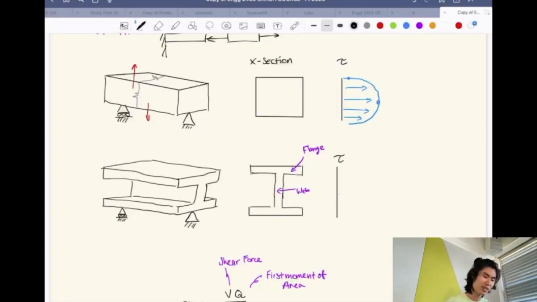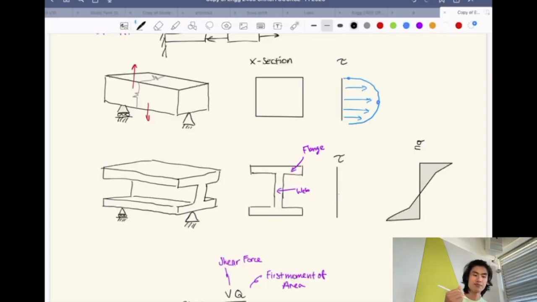Yeah, pretty much. If you think about the stress diagram, it's going to look kind of like this. It's going to slow down a bit, and then it's going to come back up.